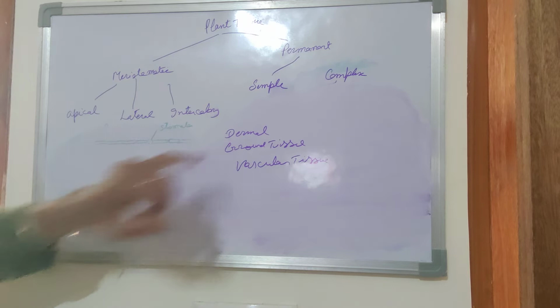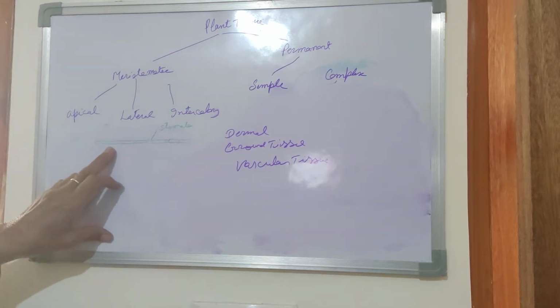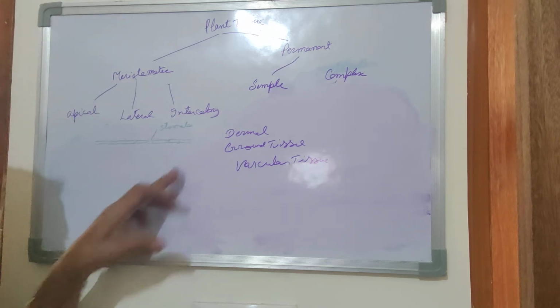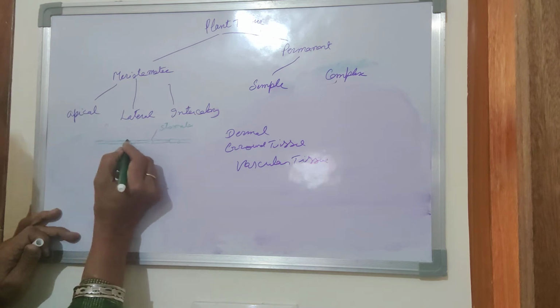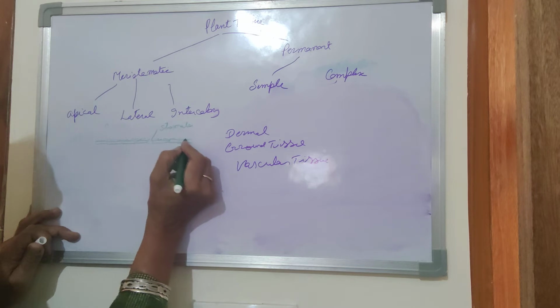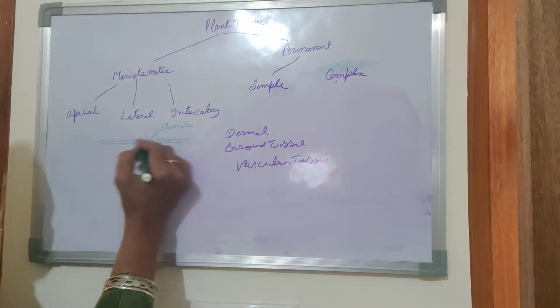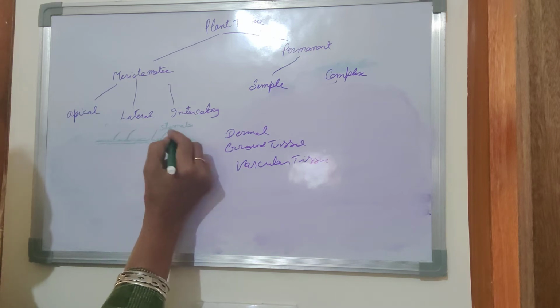Epidermis comes under the dermal tissue. Epidermis is composed of barrel-shaped cells with little intercellular spaces, and it is covered by a layer of wax which is called the cuticle to prevent desiccation. In some cases, wax layers are also present. In other cases, some hair-like structures are present, which are called trichomes.